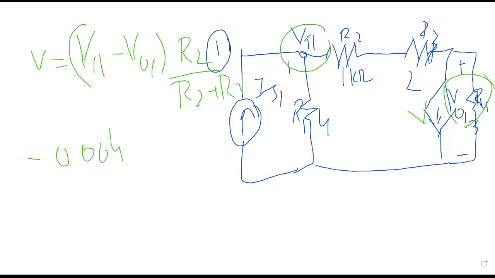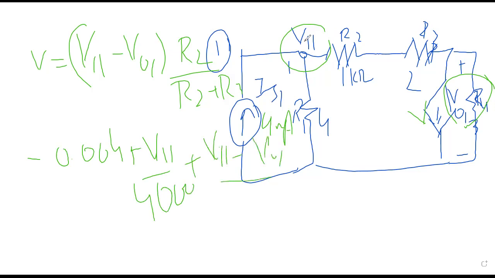The IS1 value is 4 milliamperes. 4 milliamperes equals 0.004, and when we move it across, it's minus 0.04. Then V11 divided by the resistance, that is 4 kilo ohm, 4,000, plus V11 minus V01 divided by, now 1 kilo ohm plus 2 kilo ohm, that is 3 kilo ohm, 3000, equals 0.